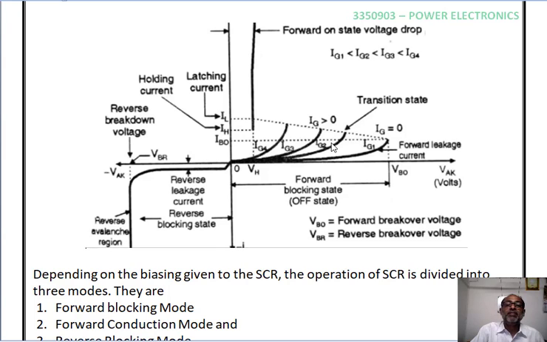That means if we are applying a higher value of gate pulse, in small time the SCR will turn on. That means IG4 is greater than IG3, IG3 is greater than IG2, IG2 is greater than IG1, and IG1 is greater than IG0.